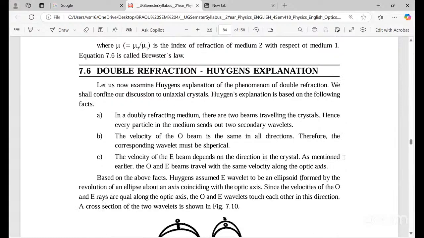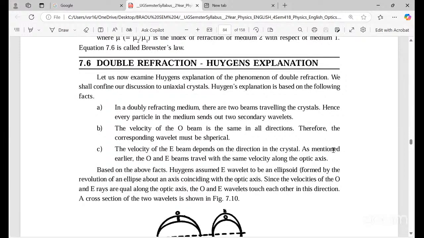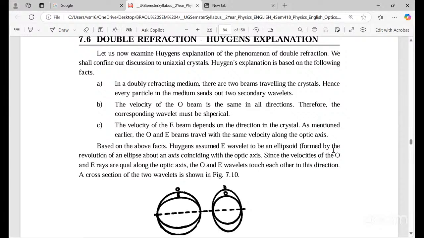According to the Huygens explanation of the phenomena of double refraction in uniaxial crystals, what are the facts which were made by Huygens? In a doubly refracting medium, there are two beams traveling in the crystals. How many? Two beams. Hence, every particle in the medium sends out secondary wavelets.